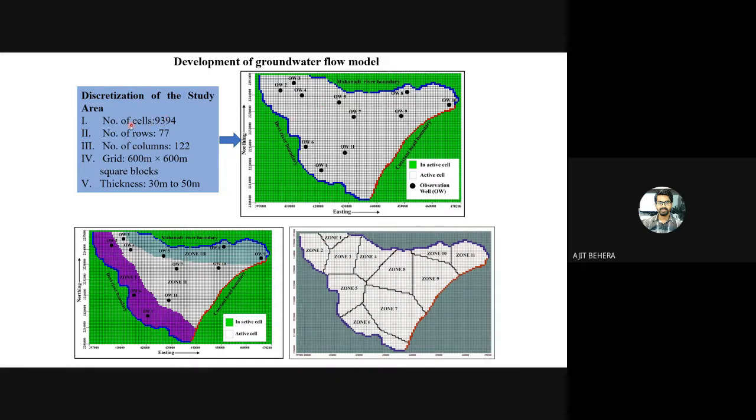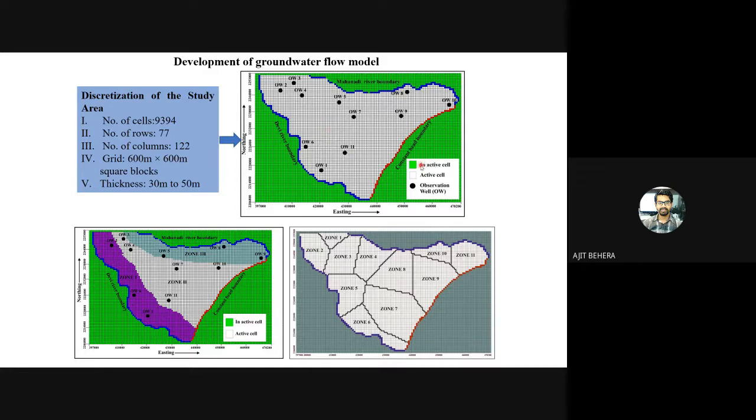This is the number of cells. Each grid is a 6 meter by 6 meter square block, and the thickness of this aquifer system varies from 30 meter to 50 meter.